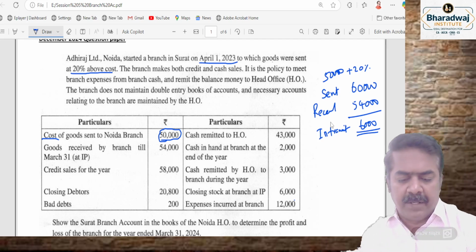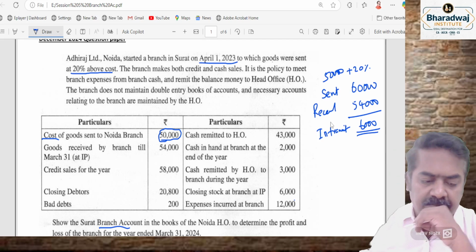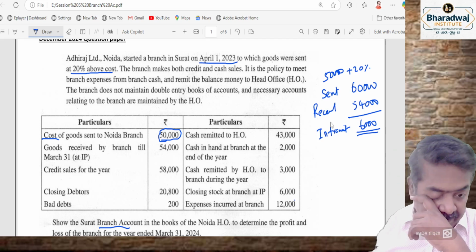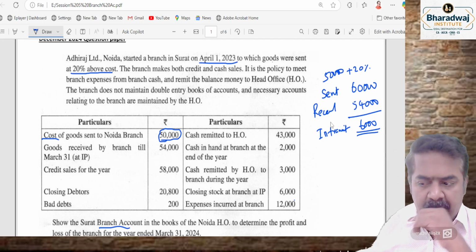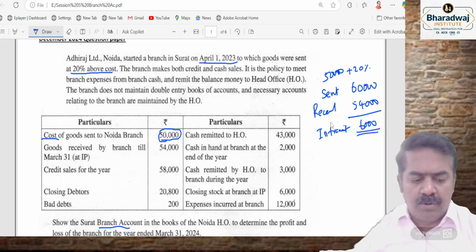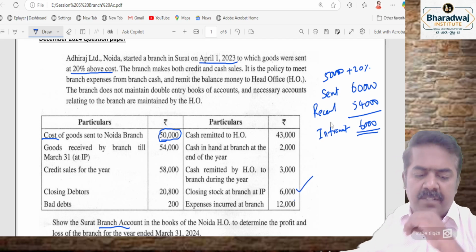They ask you to prepare the branch account. Closing stock is also given to us at invoice price.